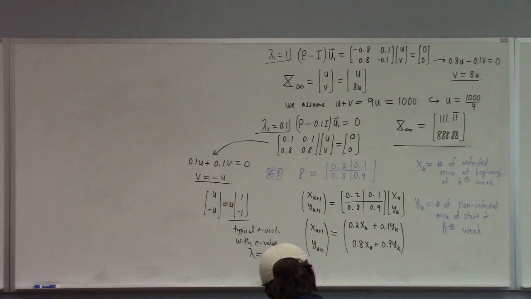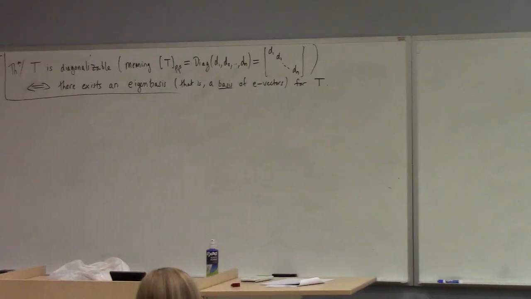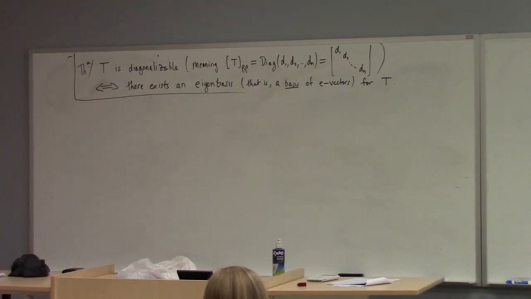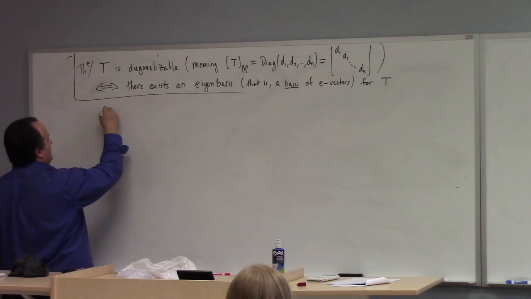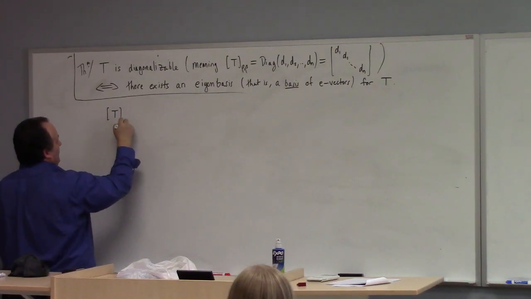Last class I gave you an example where we saw a linear transformation on R3, and we saw that there's a particular basis that diagonalized that transformation, and that was an eigenbasis. So that's an example of this theorem. So what is the matrix of T with respect to a basis?